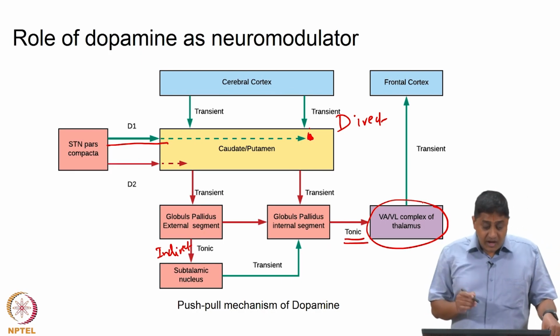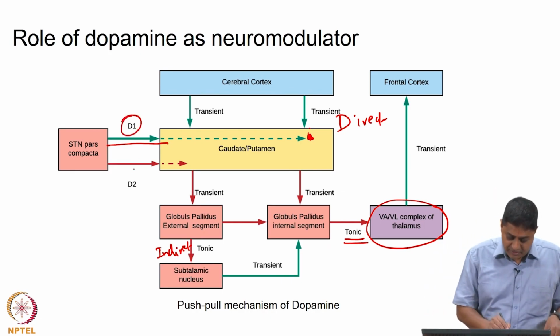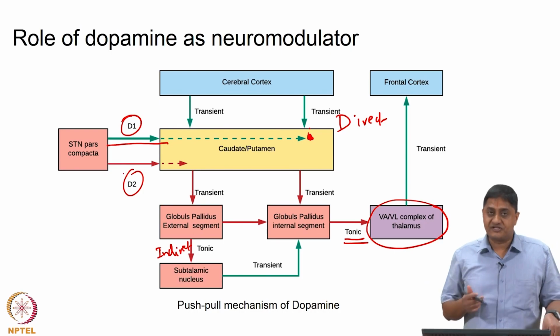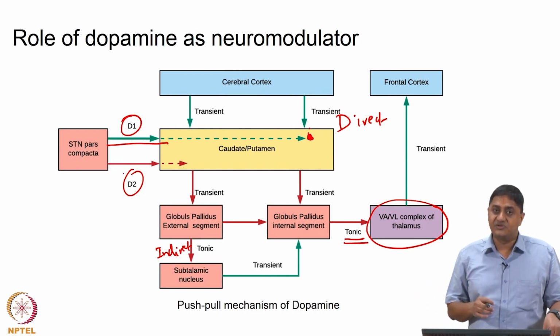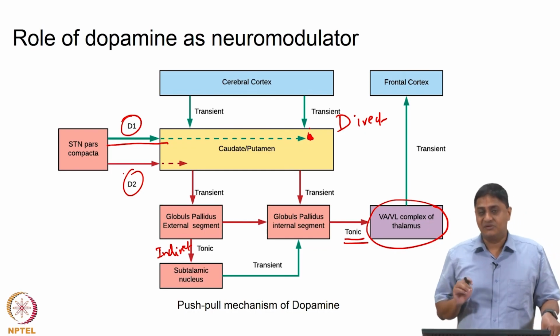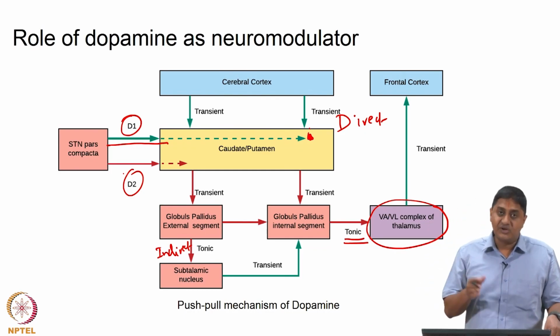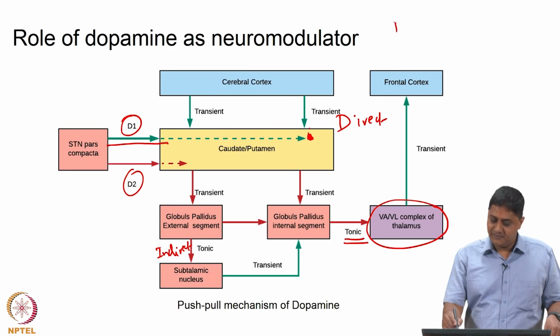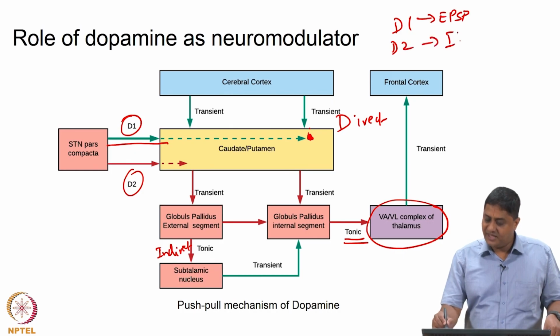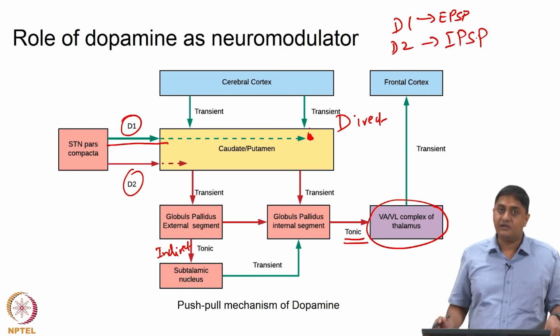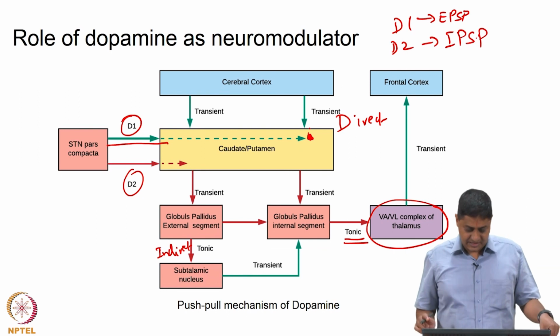So how is this happening? We saw the D1 and D2 receptors have opposite functions. The D1 receptor excites the medium spiny neurons, whereas the D2 receptor inhibits the medium spiny neuron. In other words, the D1 receptor causes an EPSP, whereas the D2 receptor causes an IPSP, or inhibitory postsynaptic potential.